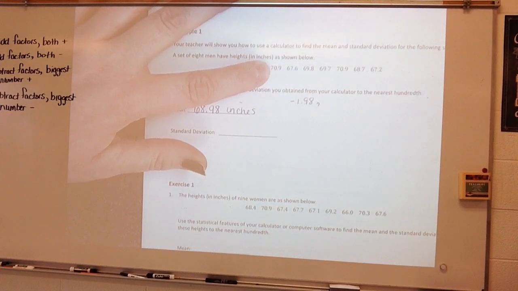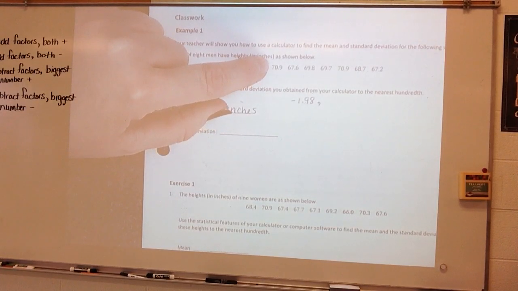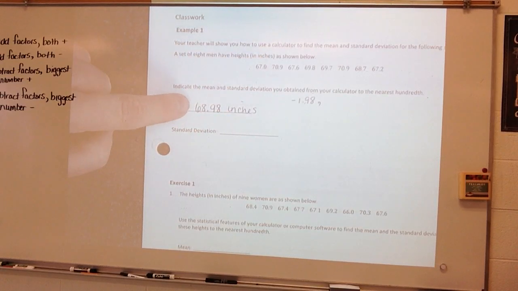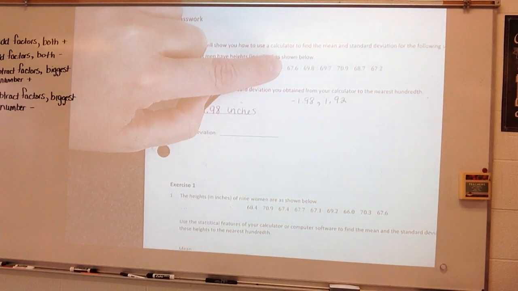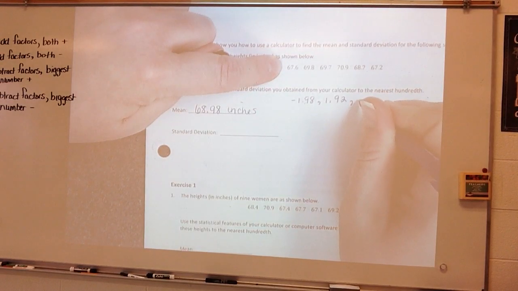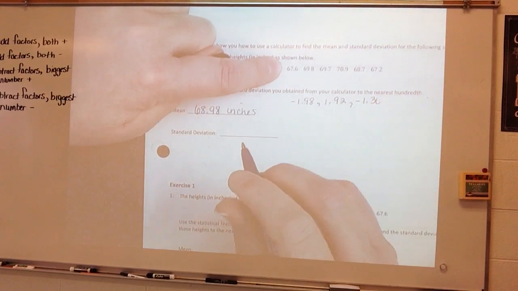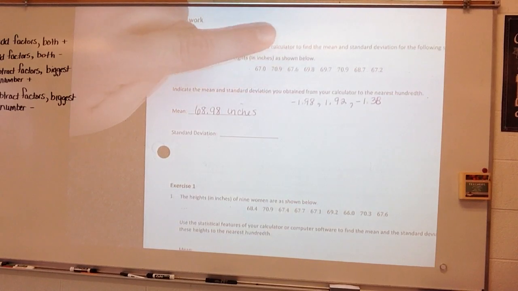So 70.9, and guys, get your calculator out with me, and I want you to get used to doing this. So 70.9 minus 68.98 gives me 1.92. 67.6 minus 68.98 gives me negative 1.38. A light glaring on my calculator here.